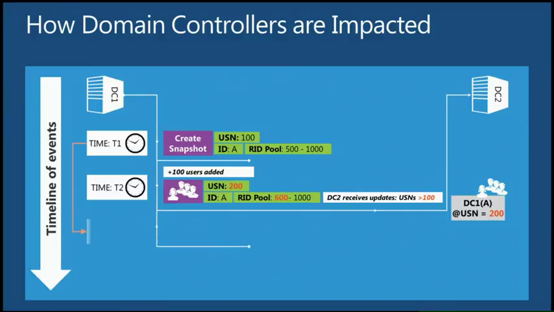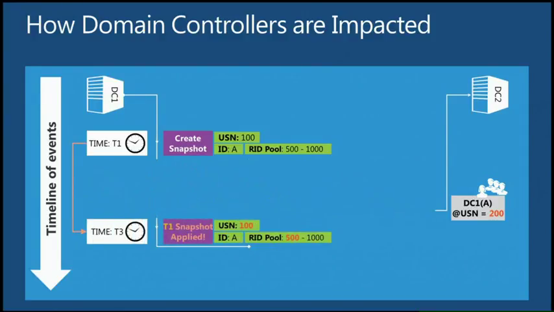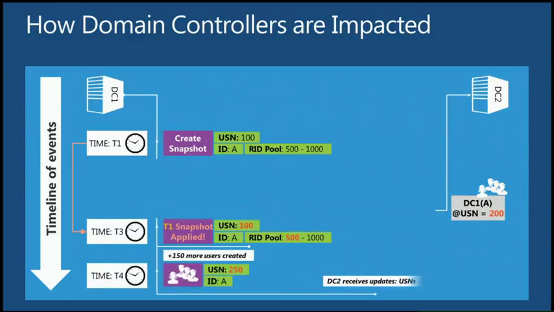It's all goodness. Now let's assume that I applied a snapshot, where I'm moving back, in reality, to time T1. So the DC state is still at USN 100, ID A, RID pool of 500 to 600. However, 150 users are created.